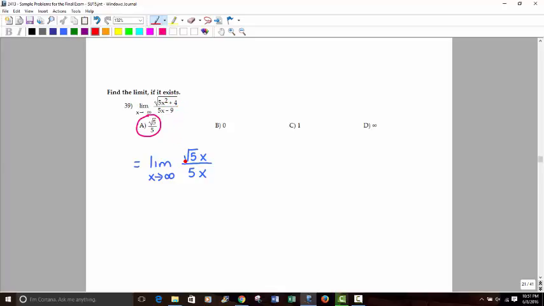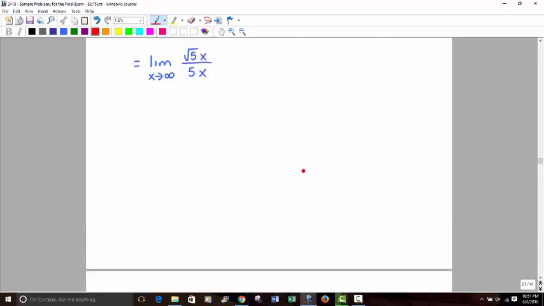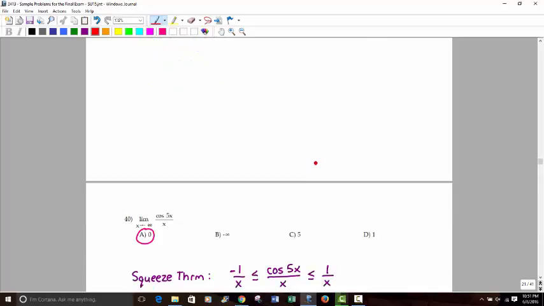So that would be the square root of 5 times x. Now you have matching powers, so you would just take the ratio of the coefficients. And it's square root of 5 over 5. So that would be the result for that one. It's kind of tricky with that square root.